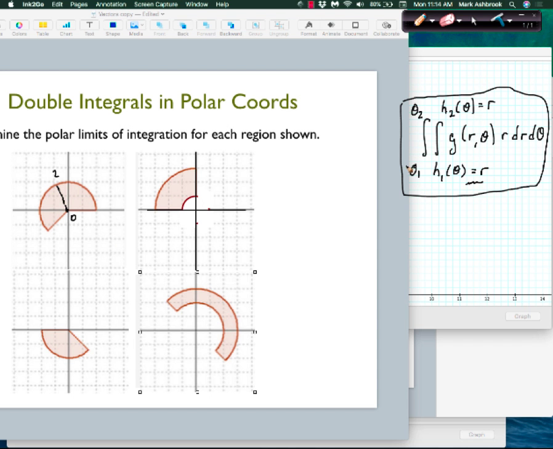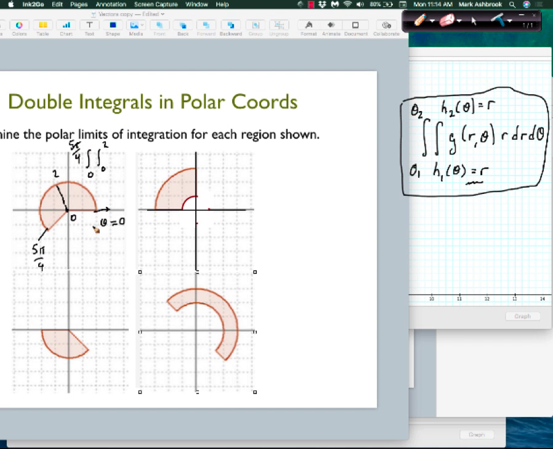Now we're asking, where's our starting angle and what's our ending angle? It's from 0 to, so the question is, what angle is that right there? Close. That's actually 5 pi over 4. 4 pi over 3 is a little bit further. So that first one would be r from 0 to 2 and theta from 0 to 5 pi over 4.